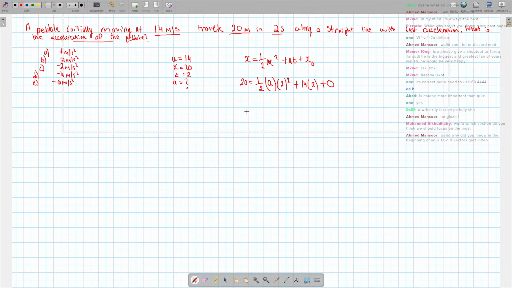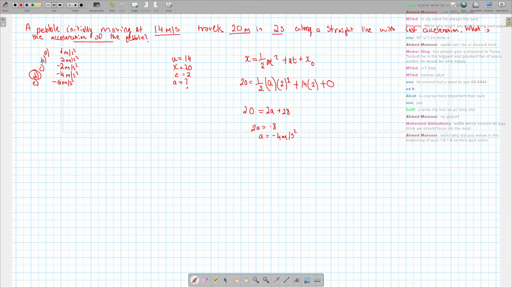Let's solve this. You're going to get 20 equals 2 squared is 4, 4 divided by 2 is 2, so 2A plus 28. You're going to get 2A equals minus 8. A equals minus 4 meter per second squared. So the answer is D.